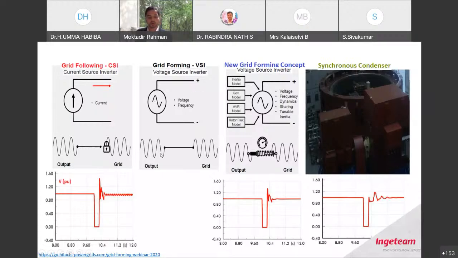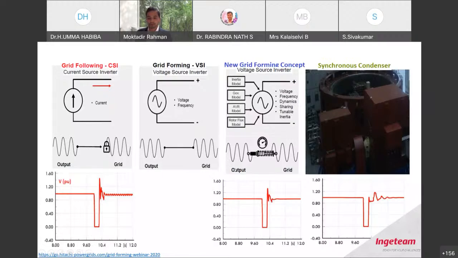It creates its own voltage, so you don't have to track the grid. But now we're not talking about traditional grid-forming technology. We're talking about a new kind of grid-forming technology that can provide inertia support, voltage control support, and any other dynamic support.